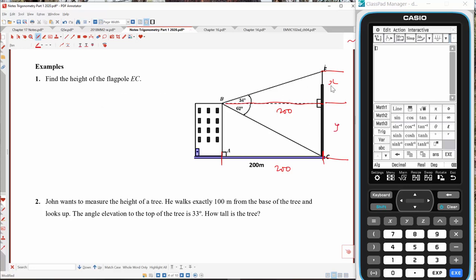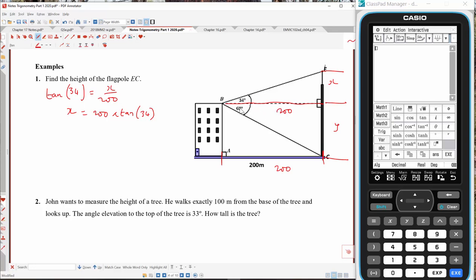For this one here, we're going to go opposite over adjacent. So tan often is the one that is used in applied problems. tan 34 equals the opposite, so x over 200. x equals 200 times tan 34. I'm going to hold off working that out just for the moment. I'm going to get this next one at the same time.